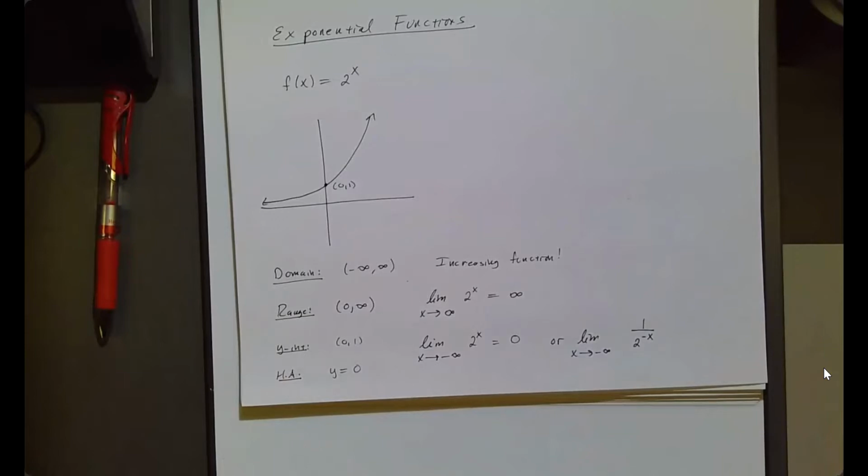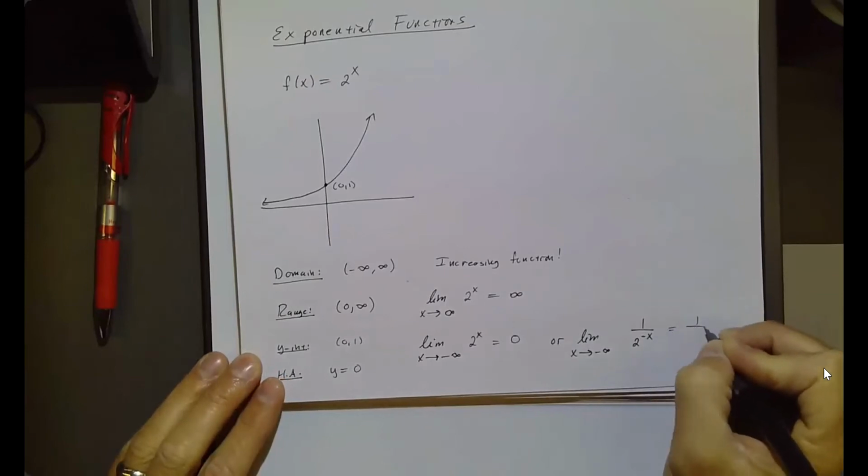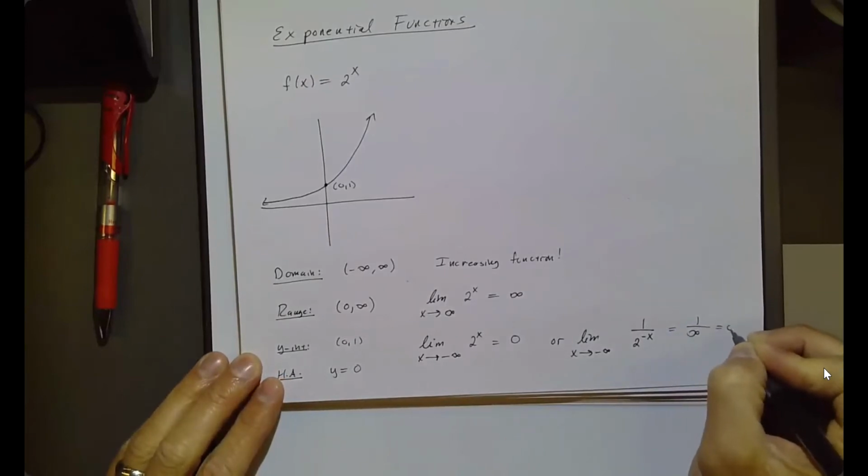And now look what happens. I have 2 to a very large positive power. I have 2 to the negative infinity, which is 2 to the positive infinity. And I know that 2 to the infinity is very large, and 1 divided by a very large number is very small. So this is like 1 over infinity, which is 0.